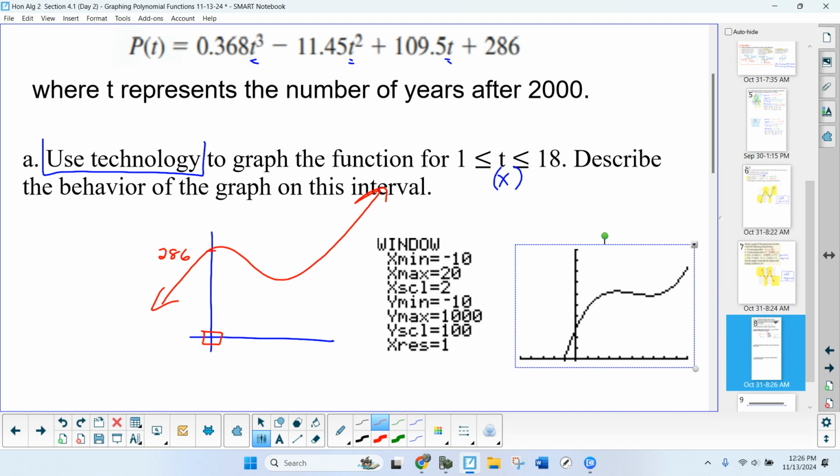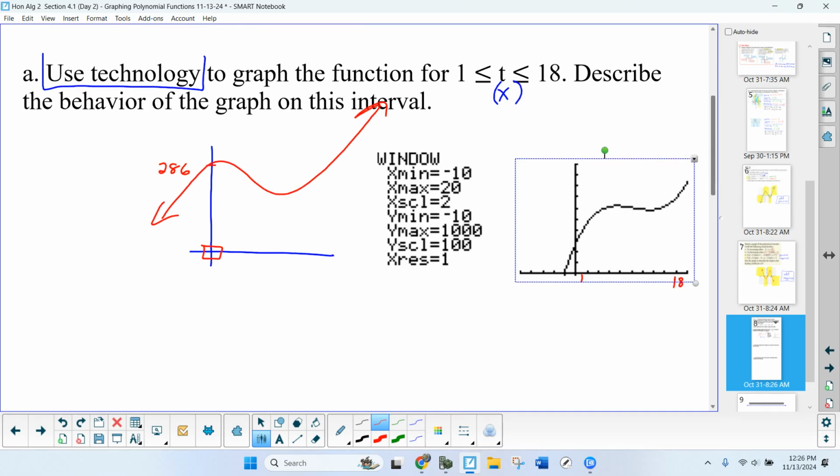Describe the graph as you go to 18. Now remember, 18 is here. 1 would be here. So describe the behavior of the graph. What happens to my graph in the beginning? At first, the graph is what? Increasing. So the number of dogs increases.